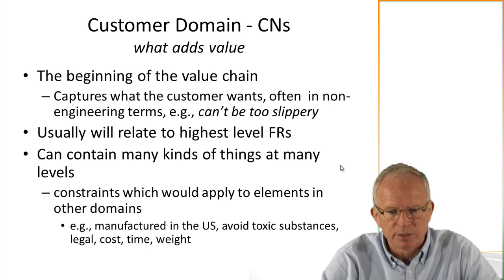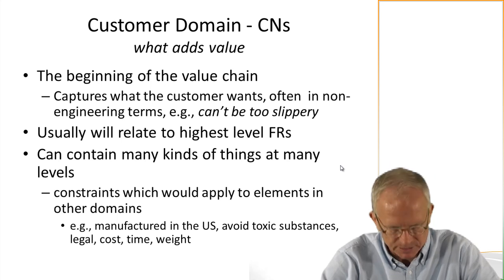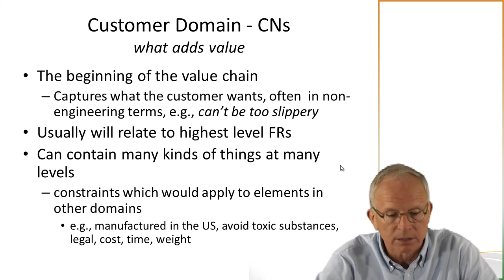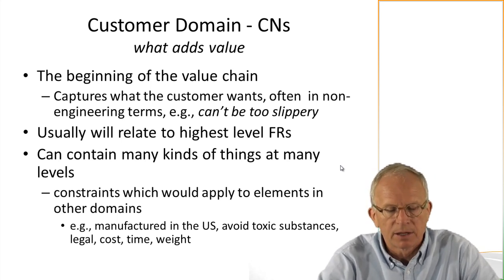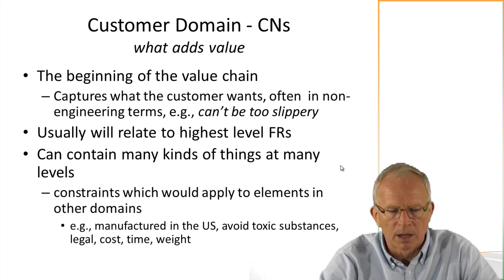If it's going to be used around food or people, you may want to avoid toxic substances. There's also legal constraints, and then constraints on cost, time, weight. So the customer needs need to be sorted through to see to which things they apply.